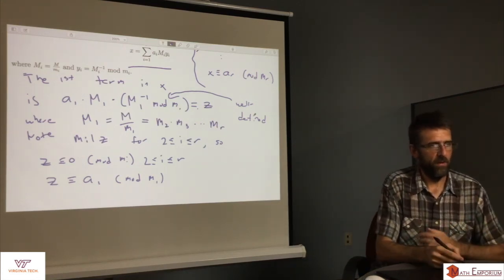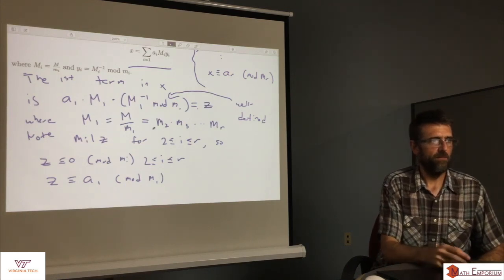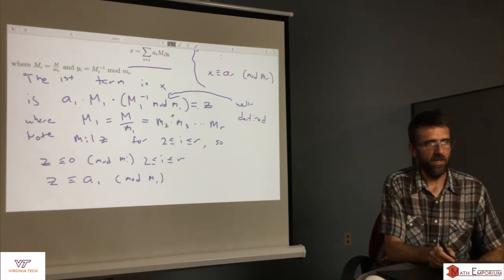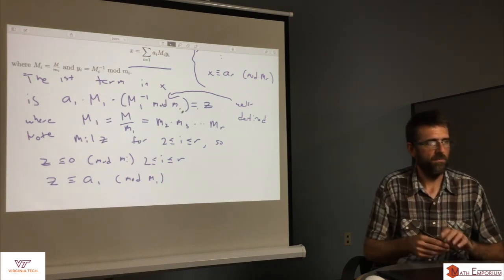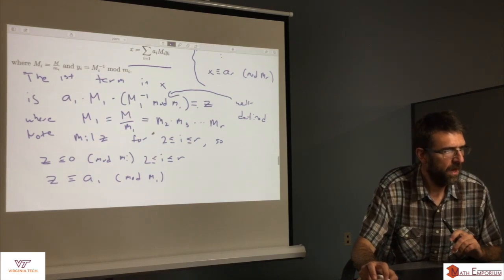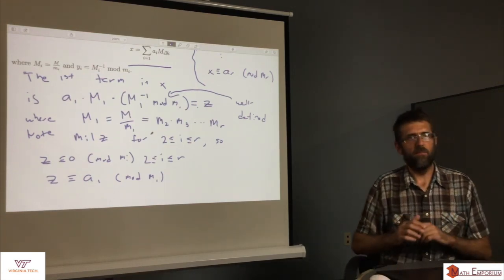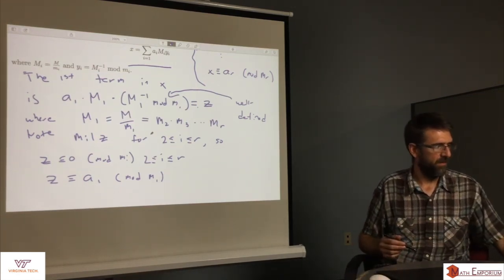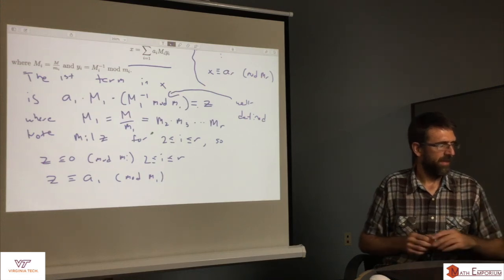Every one of these factors in big M1 is invertible mod little m1, because my moduli are all pairwise coprime, and since each of these factors is invertible, big M1 overall will be invertible mod little m1.